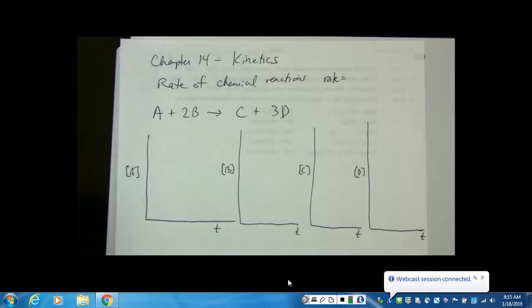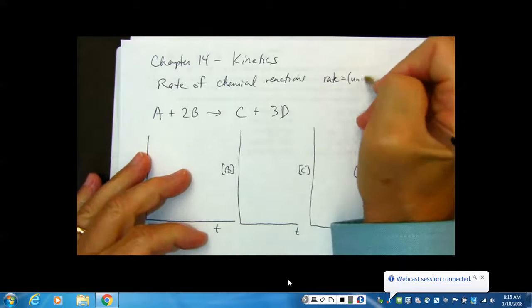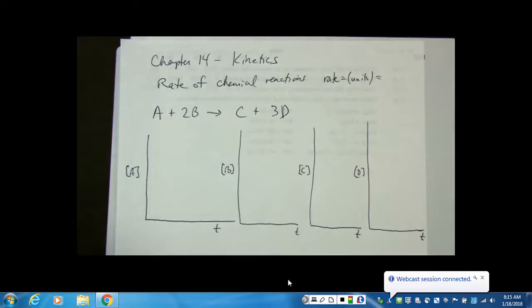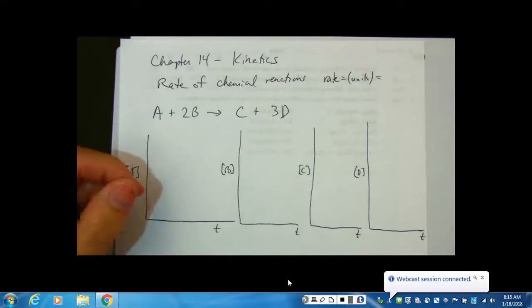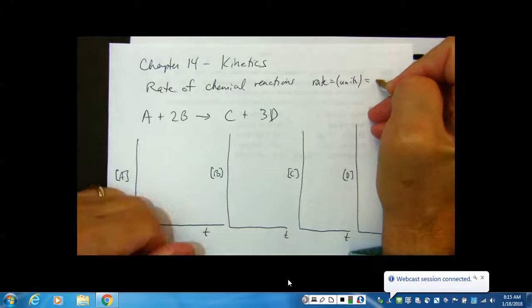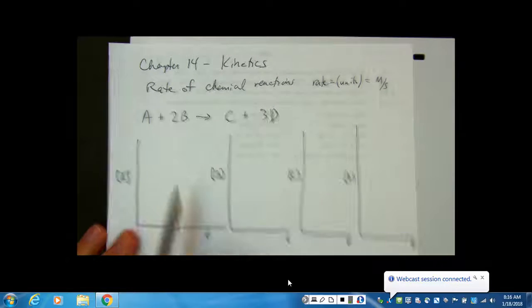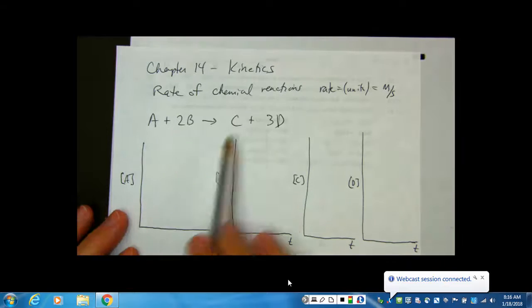For a velocity of a chemical reaction, what do you think the units are? It's going to be concentration versus time, molarity per second. The molarity is changing over time of the reactants and the products.